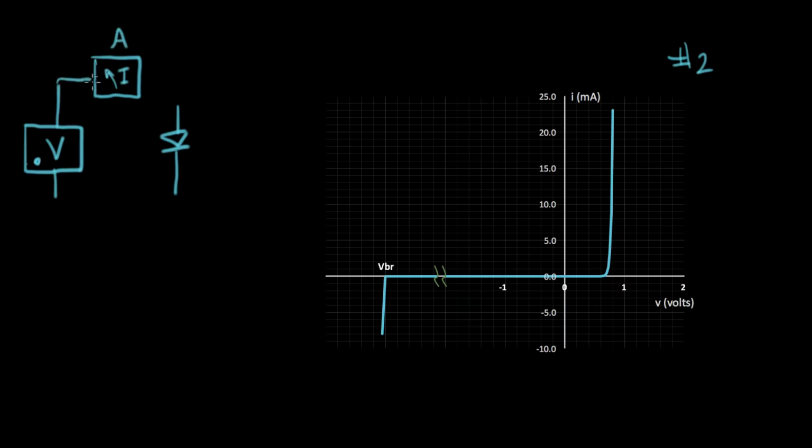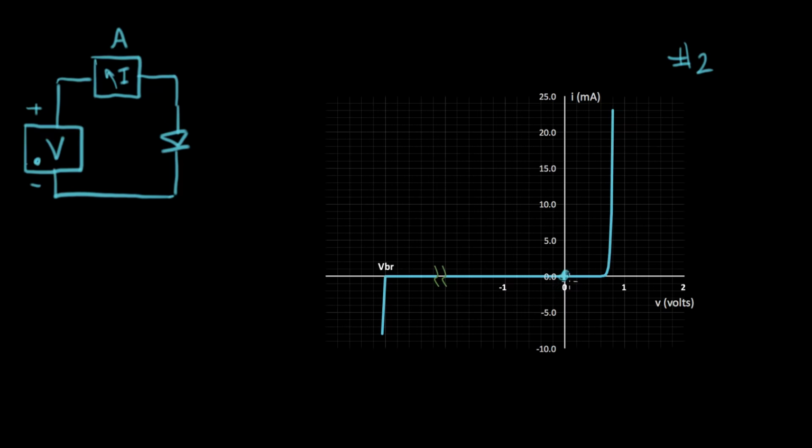And we hook that up like that. What we're going to do is generate this IV curve by making actual measurements of I and V. So my first V setting is 0. That gives me this point here. I hope I measure a current of 0. Otherwise, this thing would be generating power, which it's not going to do.